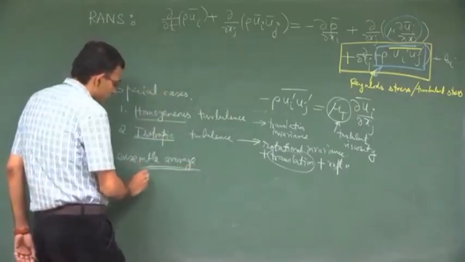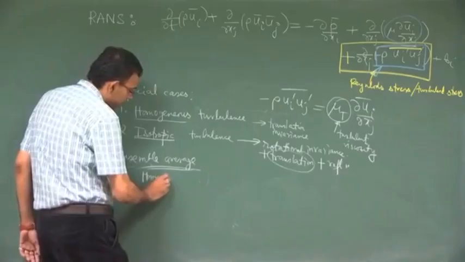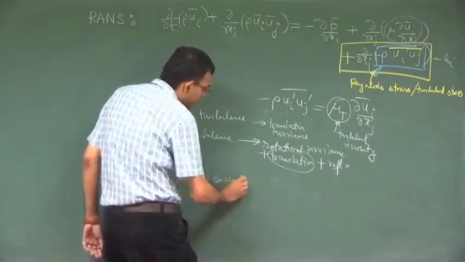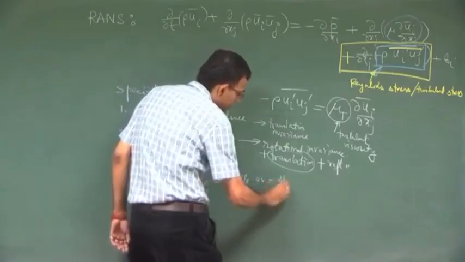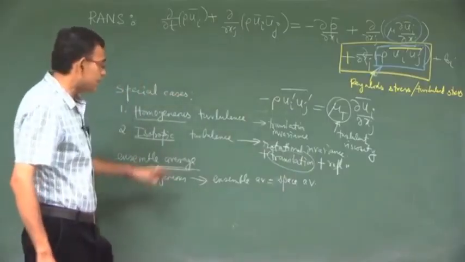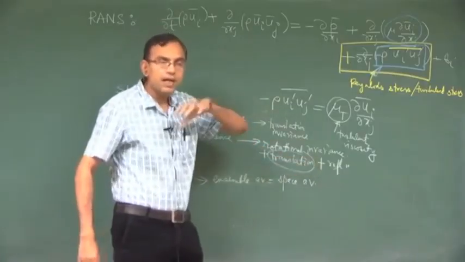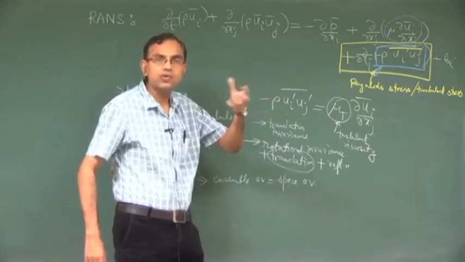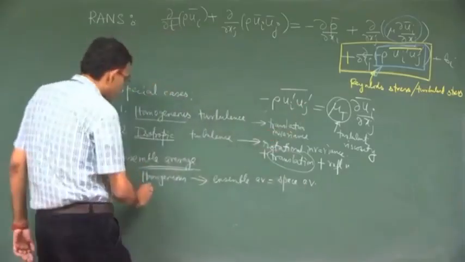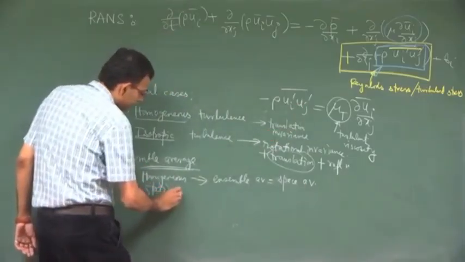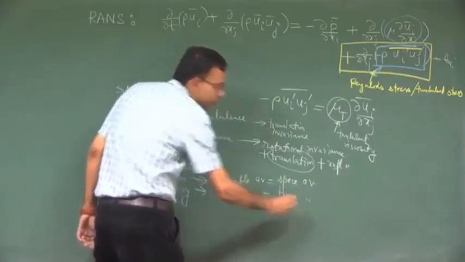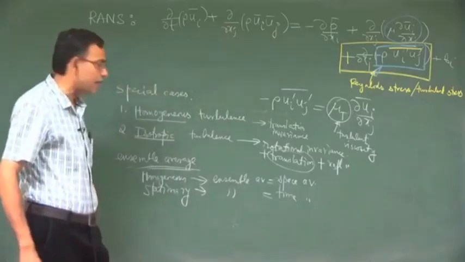If it is a homogeneous turbulence, then you can say that ensemble average is the same as space average, because it does not vary with space. So repeating it at different spatial locations is as good as repeating the experiment under identical conditions. Similarly, if you have stationary turbulence, you have ensemble average equal to time average, because the turbulent statistics do not vary with time.